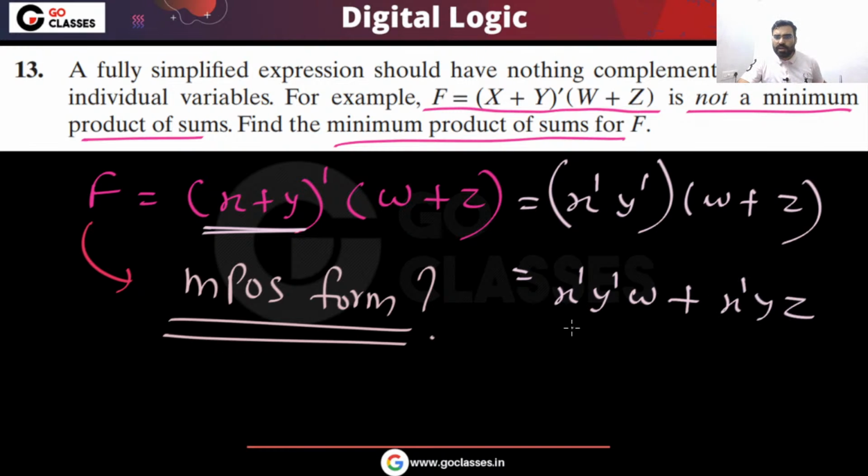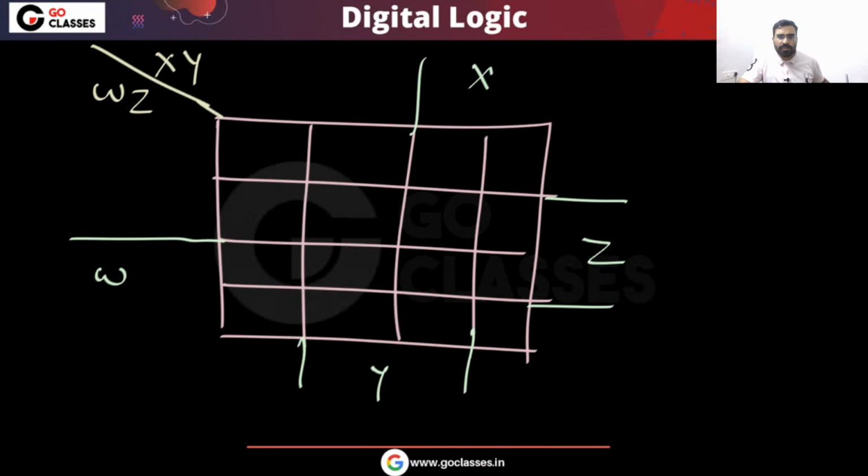So can anyone tell me what the true minterms are? We have x bar y bar w plus x bar y bar z. This is the function of x, y, w, z.